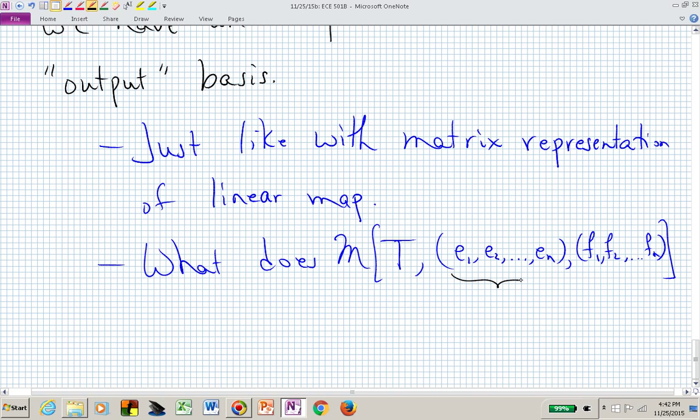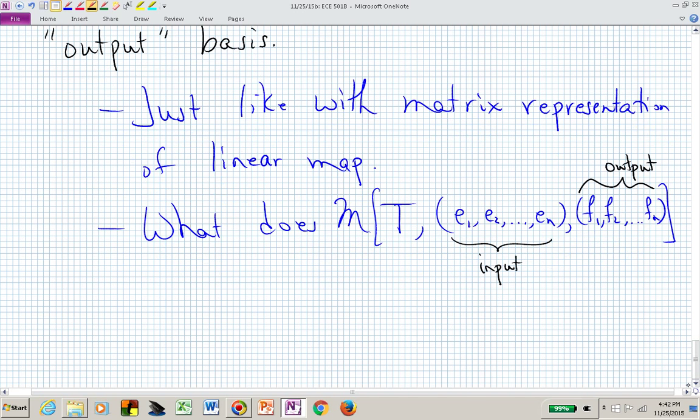Here's our input basis. And there's our output basis. And if that's the case, what does this matrix representation of this linear map look like?